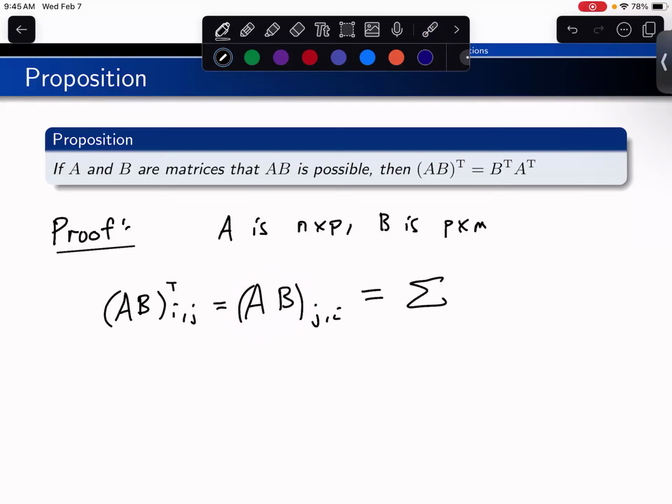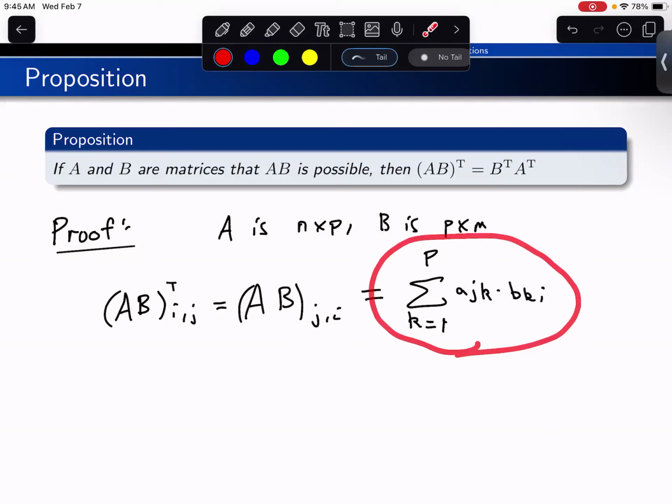The sum has been written out in the past, but it hasn't really been seen too often. So you can write out the sum in the following form: the sum of A_jk times B_ki. This is how you would represent that the jth entry is the dot product of the jth row of A with the ith column of B.